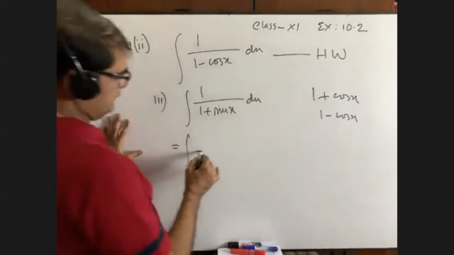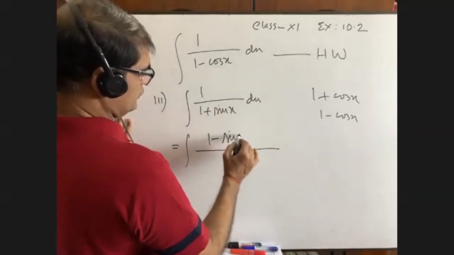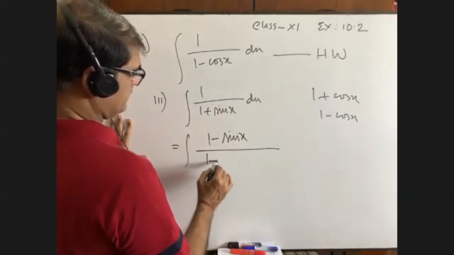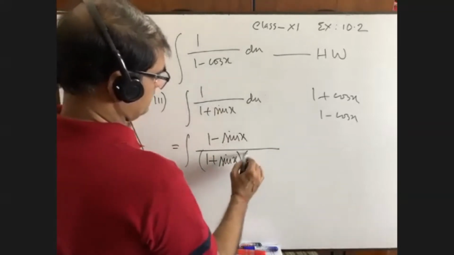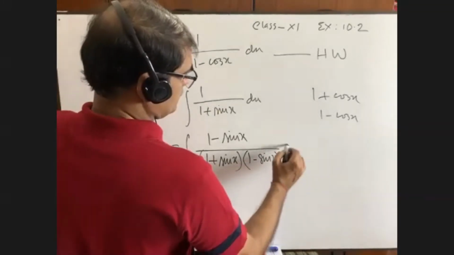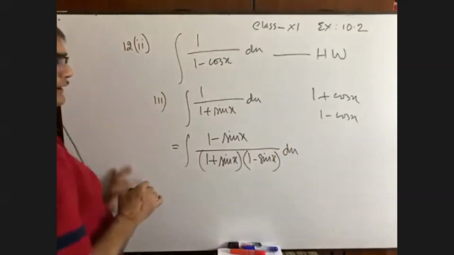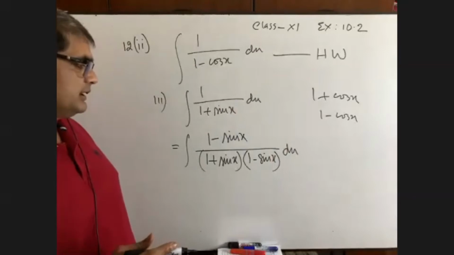There I told you to get like this: 1 minus sin x by 1 plus sin x into 1 minus sin x, as we don't have any formula, right? We have multiplied both the numerator and denominator by 1 minus sin x.